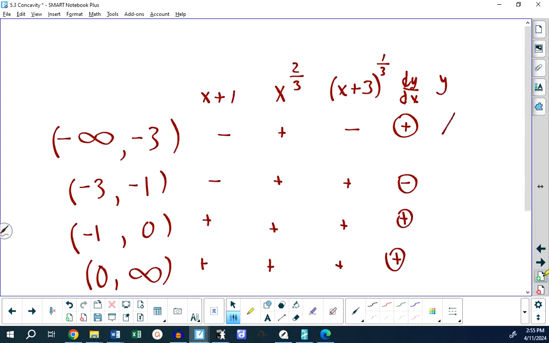Which means the function is increasing, then decreasing, then increasing, and continuing to increase. Which means we have a max and a min.